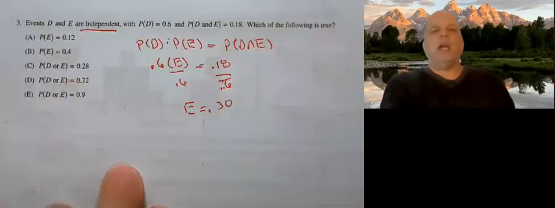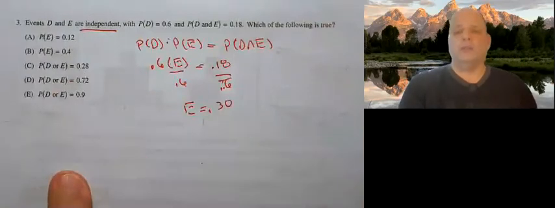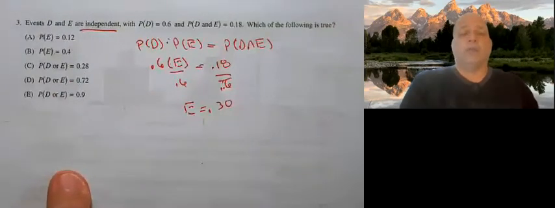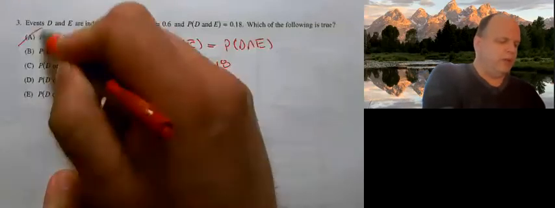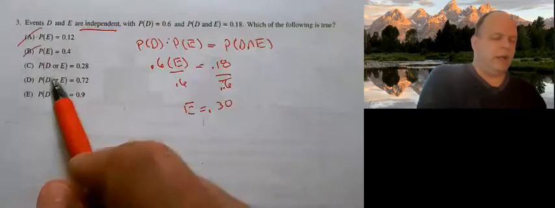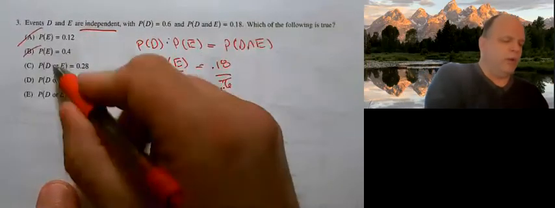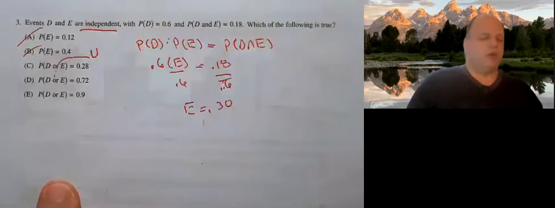And I immediately go, okay, do they have that answer choice? And they don't. Of course they don't. But we know E is not equal to 0.12 and E is not equal to 0.14. So we're now looking at a D or E. Well, the or is a sign for, or the word for, union.